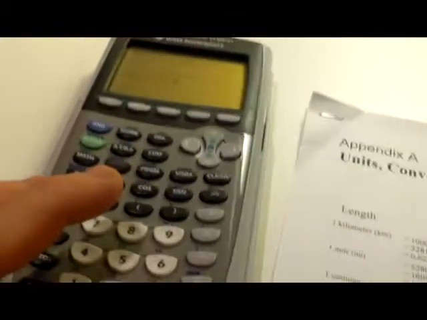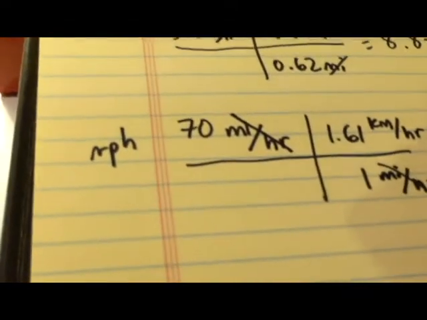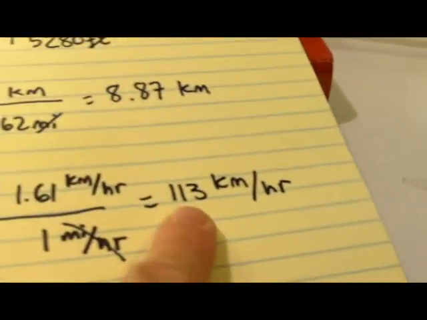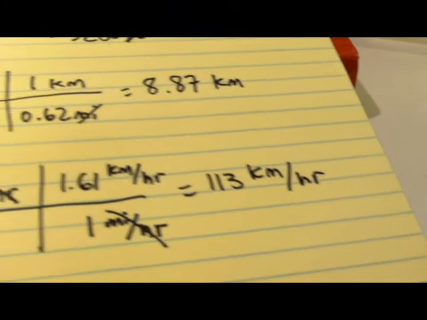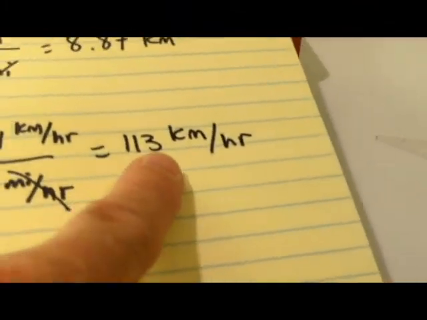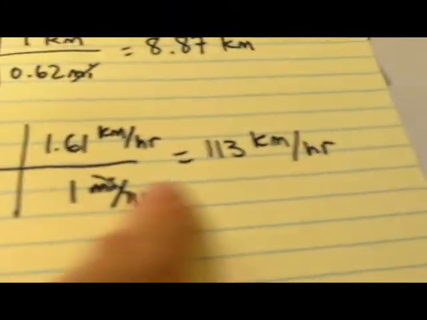On my calculator, I get about 113 or so kilometers per hour. Boy, you're going fast. Well, not really. It's the same speed, guys. So 70 miles per hour is equivalent to 113 kilometers per hour. Same speed, just a different unit of measure. That's what conversions do for you. We'll be able to go from one to the other.